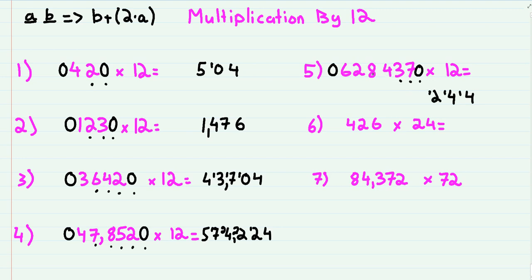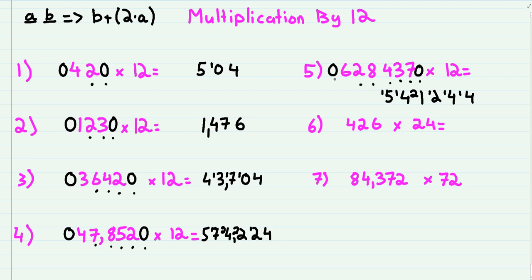Now 4 plus 16 is 20, plus 1 is 21. Now 8 plus 4 is 12, plus 2 is 14. Now 2 plus 12 is 14, plus 1 is 15.